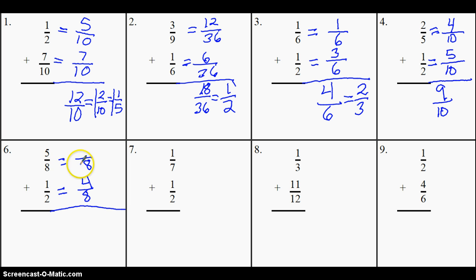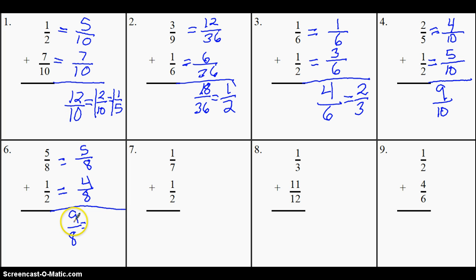Now 8 times 1 gave us 8, because 8 will go into itself 1 time, and 5 times 1 will give me 5. Now 5 plus 4 equals 9, and then just bring my denominator down, 8. Now a moment ago when we did this one, I showed how you could find a scratch place and divide your numerator by your denominator.